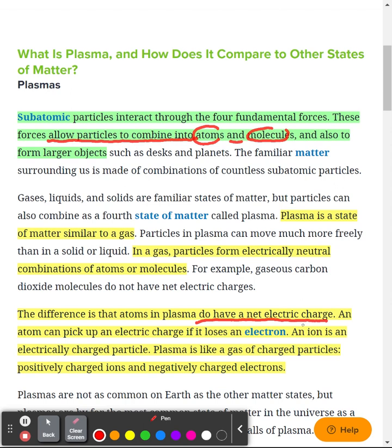Okay. So let's go ahead and just bring our thing down here, continuing our template. And what do we want to say here? Therefore, plasmas are like a gas of charged particles.